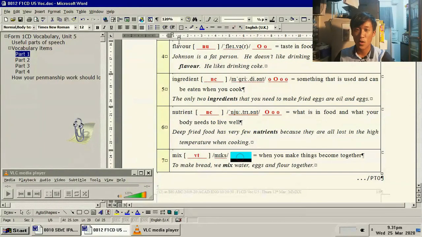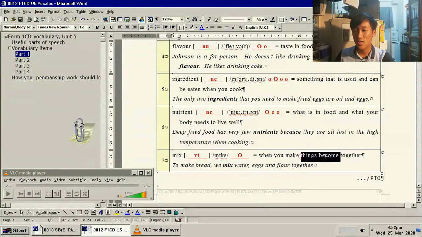Okay, talk about, okay, one syllable only, no stress mark is needed, right? Because one word has at least one syllable, and in a word there is at least one stressed syllable. So when there is only one syllable, of course the syllable has to be stressed, so we don't put the stress mark. Going back to transitive verb, so you mix these together, you make the things become together.